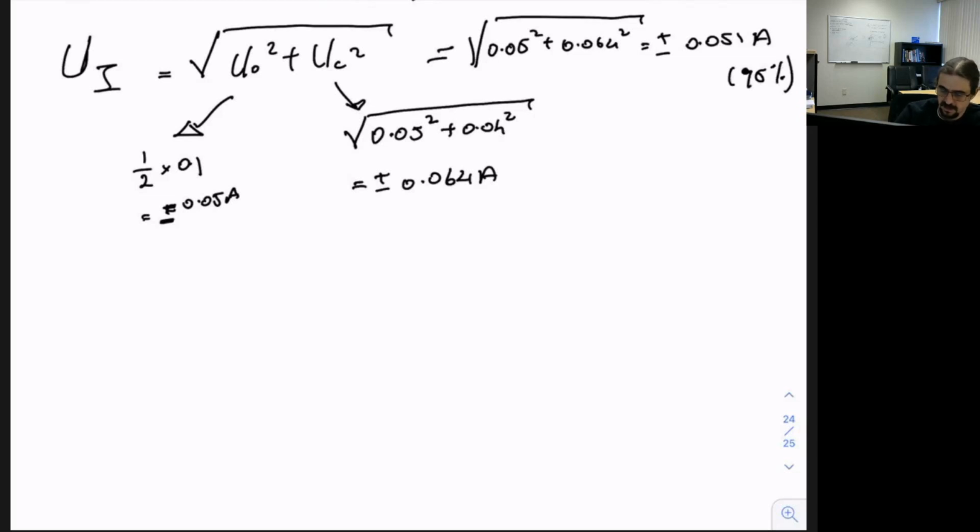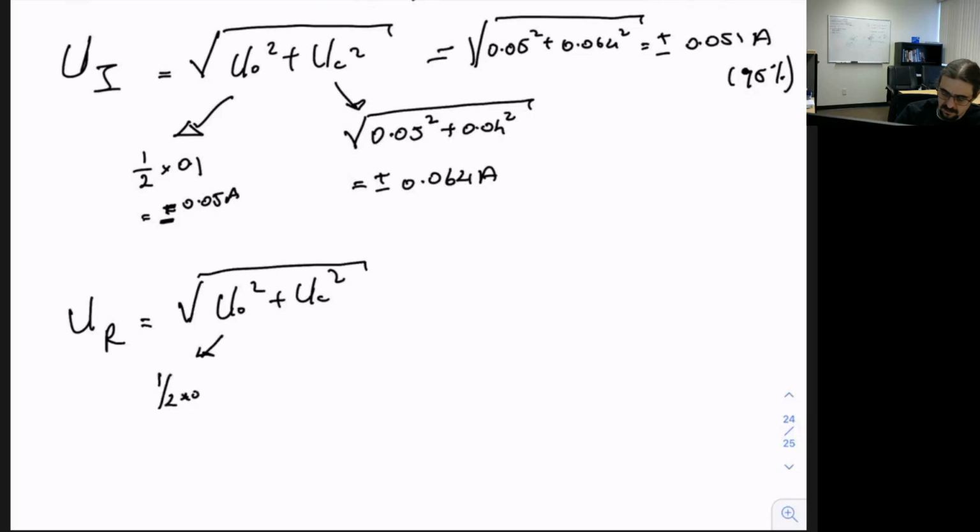Okay, so if I look at the resistor, what is it? It's going to be again the square root of U0 squared plus UC squared. U0 is 1/2 times 0.1, which is 0.05 ohms, plus or minus. Then UC is 0.1% of the output.